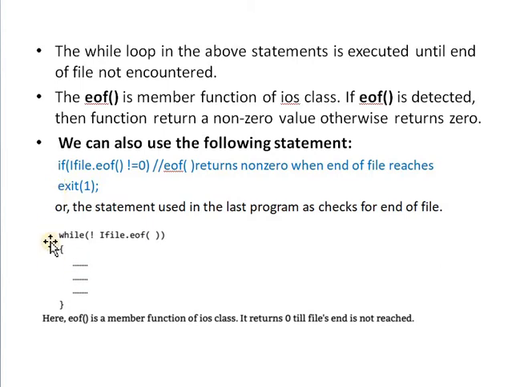See this syntax: while file dot EOF, if that function returns a 0 value, then the file has not ended. That means the end of the file is not reached. The pointer has not reached the end of the file. But if that function returns a non-zero value, that means the end of the file is detected, where the pointer reaches the end of the file.